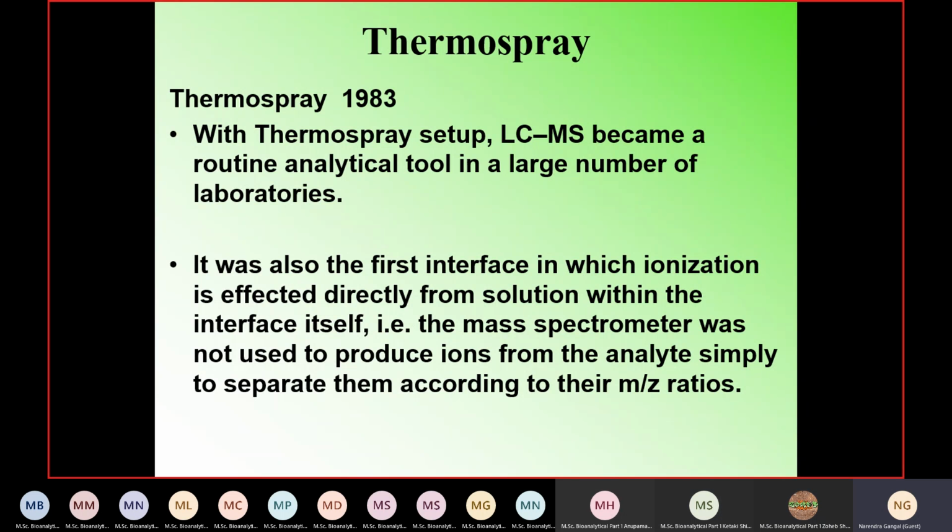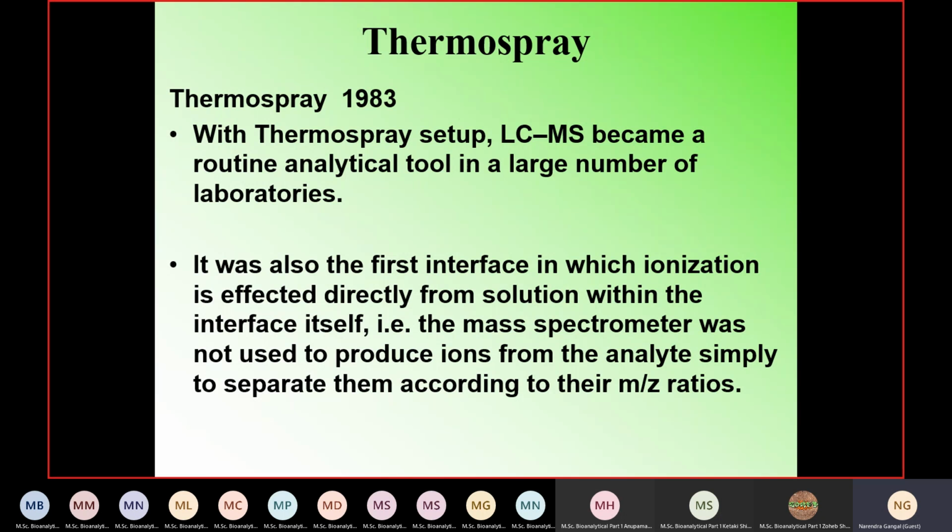Now, in case of HPLC, apart from your sample, your liquid is flowing through the LC portion. What is the first step in LC? You have got a solvent reservoir, right? Then there is a pump system, then there is an injection valve.